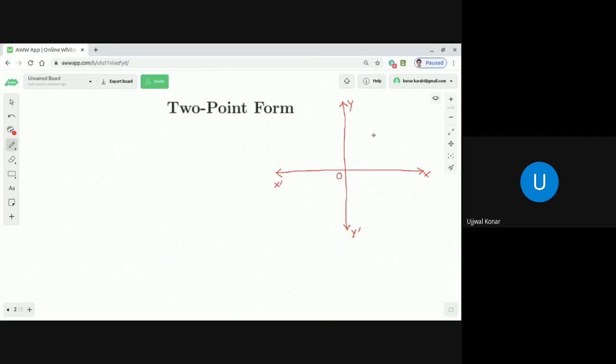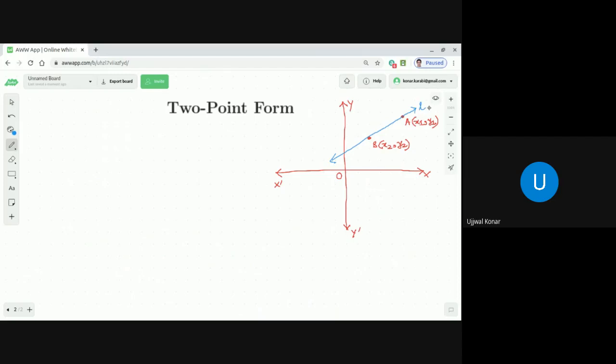Now, suppose 2 points have been given. This is the point A having coordinates x1, y1, and this is the point B having coordinates x2, y2. And we need to find the equation of the straight line passing through these 2 points A and B. So let me draw the straight line. This is the straight line whose equation we are going to find.